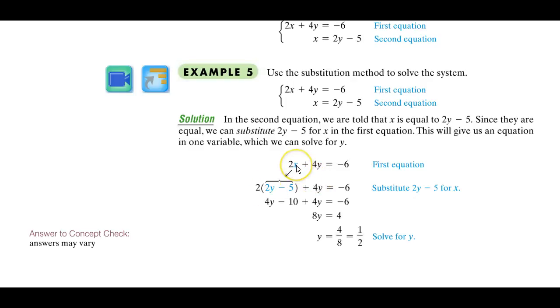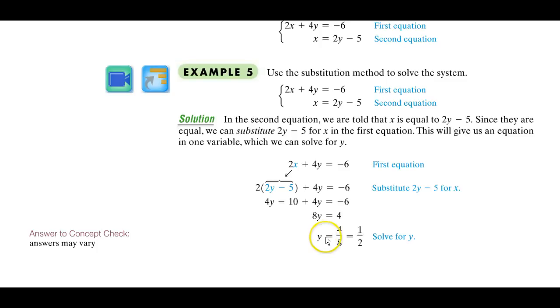So this x, we're saying, is equal to 2y minus 5. Now we're going to distribute this. And now we have an equation with only one kind of letter, the y. We combine like terms, we transpose this, and we divide both sides by 8.